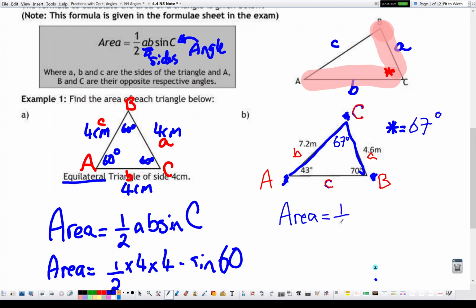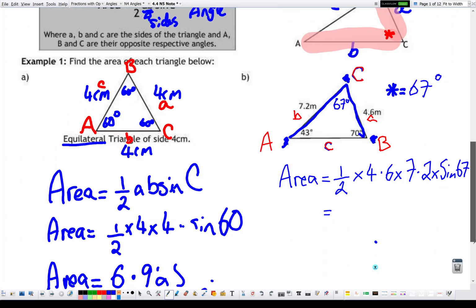So area equals a half times side A is 4.6, side B is 7.2, times the sine of the angle C, which is 67. Okay, I should have started by writing out the formula, but I never.